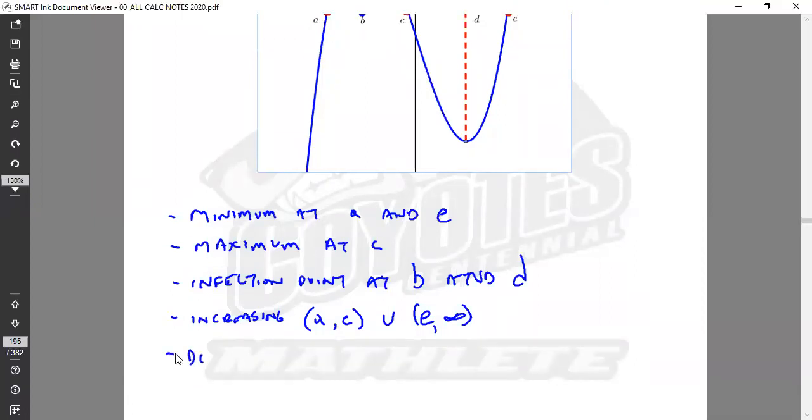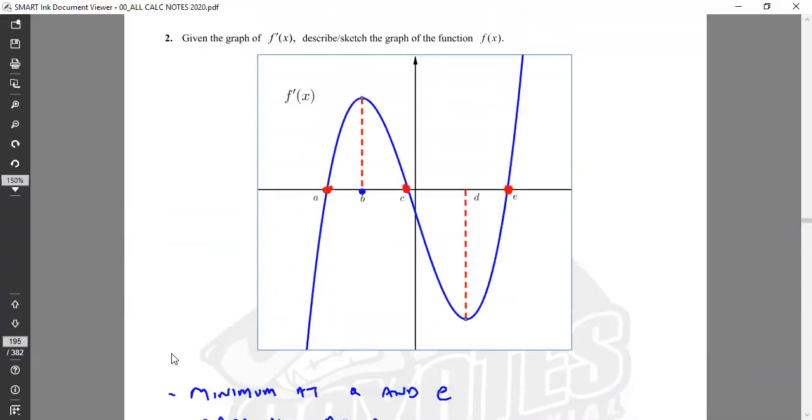The graph is decreasing elsewhere. It is decreasing where we have a negative slope, so negative infinity to A. And it's also decreasing, we have a negative slope from C to E. All of this together means our original graph is going to look like this.